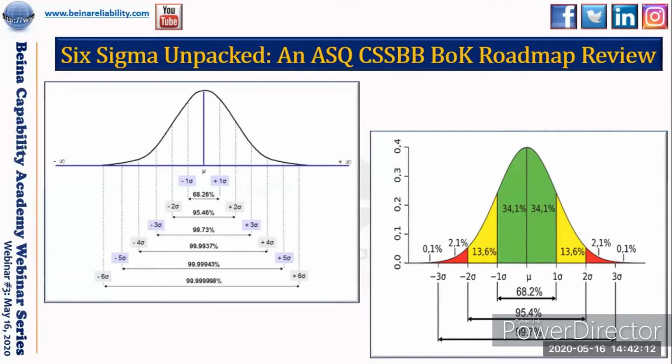It's the target. Any variation between plus or minus 1 sigma to the left and to the right gives you 68.2% within target.